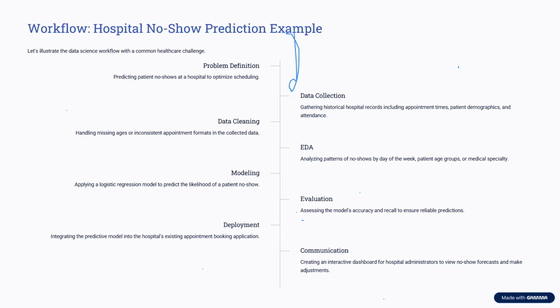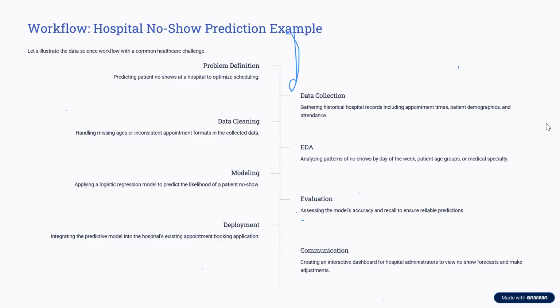Because when patients don't show up, it means some of the time slots will be wasted. So they just want to make predictions to reduce these wasted time slots. Okay. All right. Thank you very much.